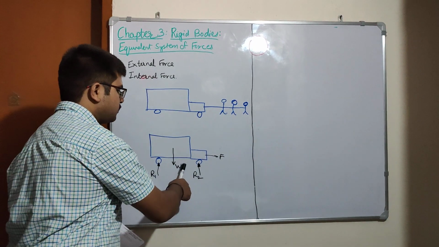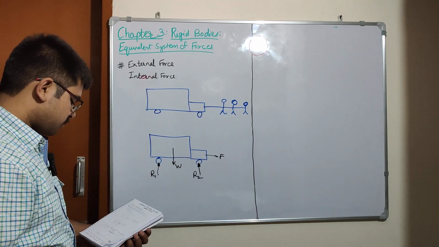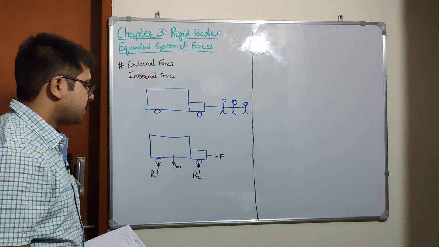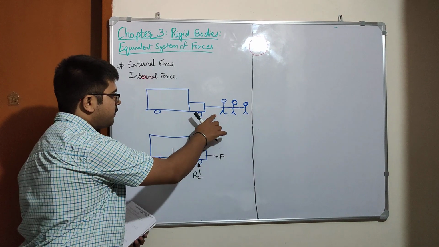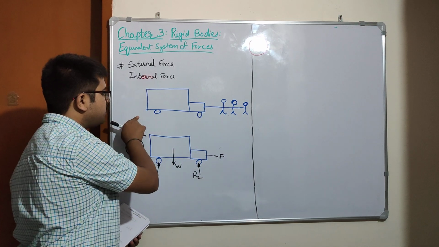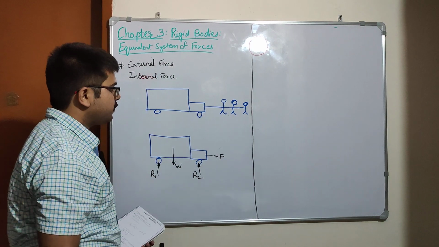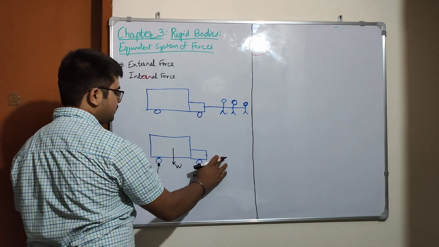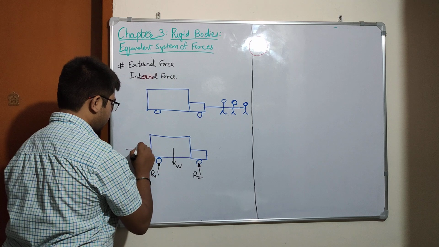Now this situation can similarly be described as, like, these three persons are pulling here. These three persons could have been pushing the truck forward. Then that situation also can be summarized as a force F acting here.